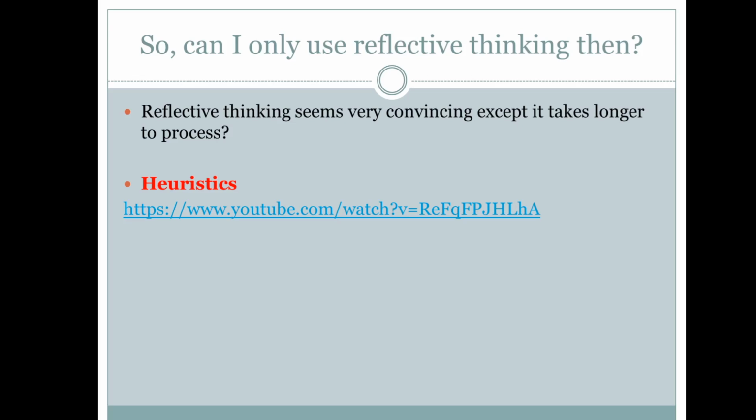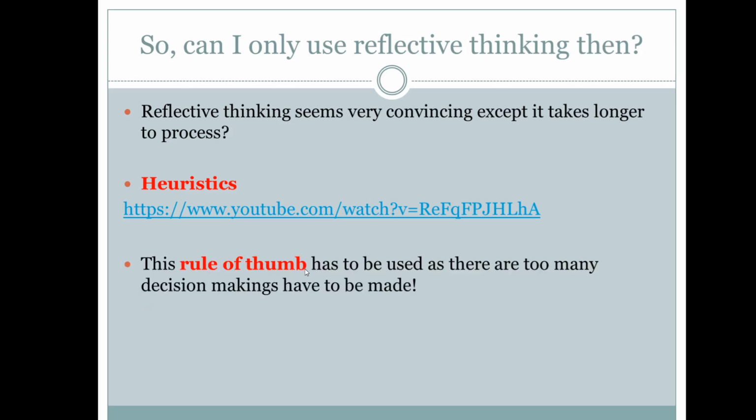Yep, very true. Because of the question that we had above, when we are using just all reflective thinking, that will be too exhausting. That's why we need to find ourselves some shortcuts, and basically heuristics. They are shortcuts, you can say a rule of thumb.